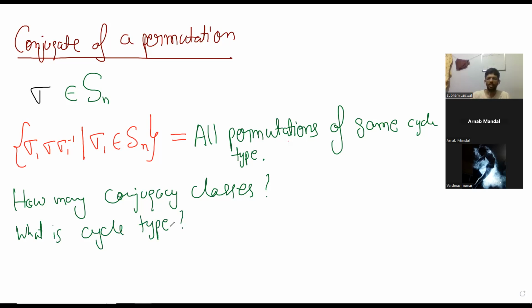So try to define what is cycle type, and say what is the cycle type of the identity permutation. And then tell me the other things.